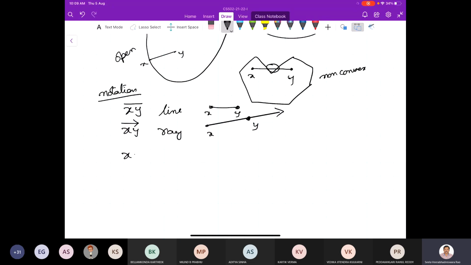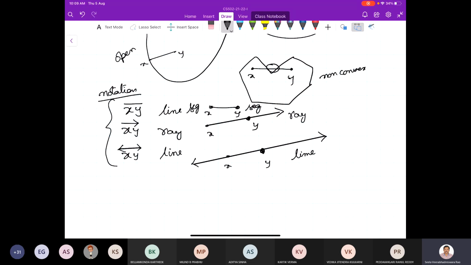And the third one is a line. If you take X and Y 2 points and the line passing through them, extended in both directions, an infinite line basically, this is the line. And this is the ray, and this is the line segment. We use this notation in our book, in our discussion.